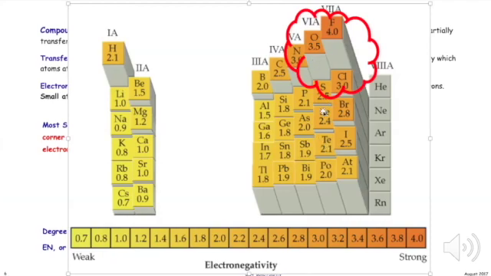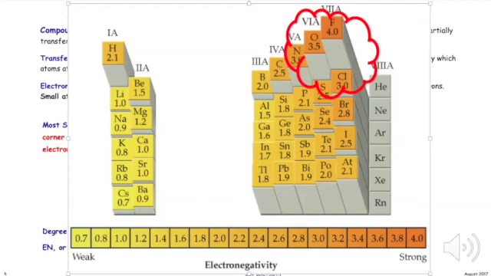Tellurium is way down here. Its electronegativity is going to be much more different than oxygen. You can see that this is 2.1, that's 3.5. This is 2.5, that's 3.5. The difference is much bigger between tellurium and oxygen than sulfur and oxygen.